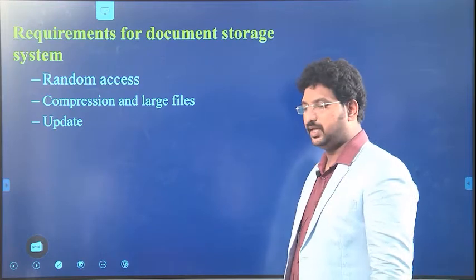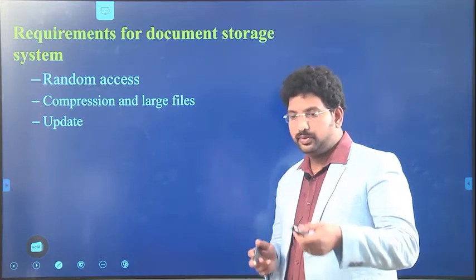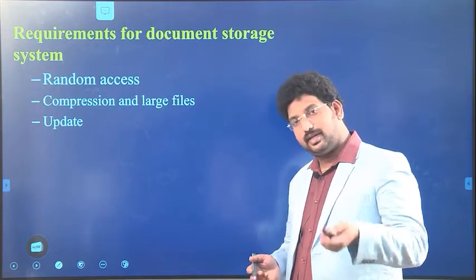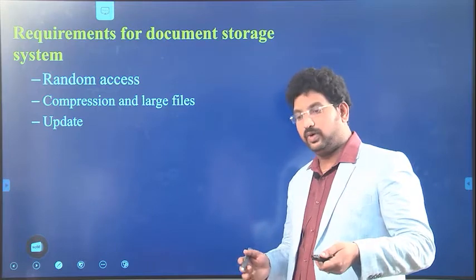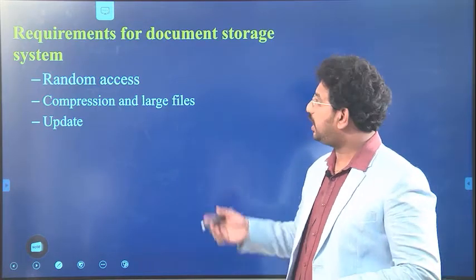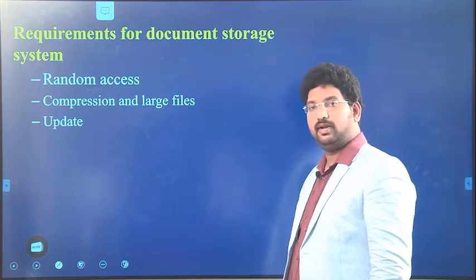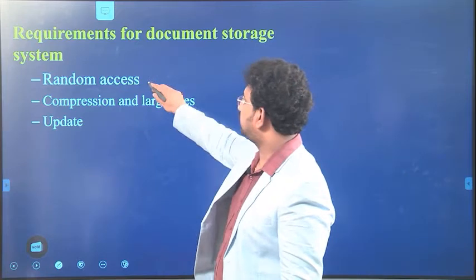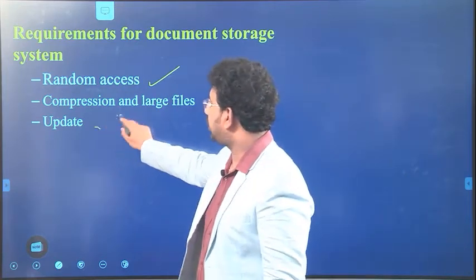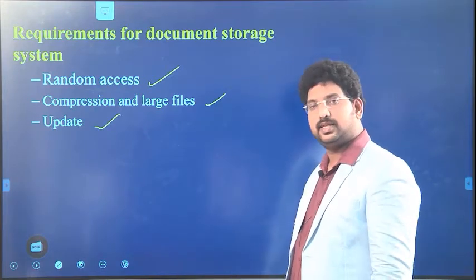Up to now we have seen whether there is any necessity of storing the documents as part of desktop search, and what a snippet is and how it works. As part of the requirements for the document storage system, there are random access, compression and large files, and another one is update. So these are all the requirements for the document storage system.